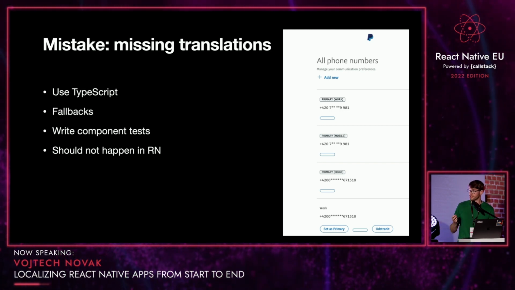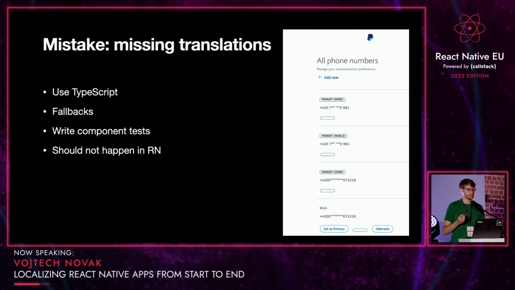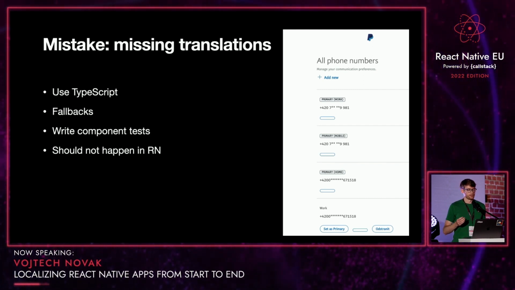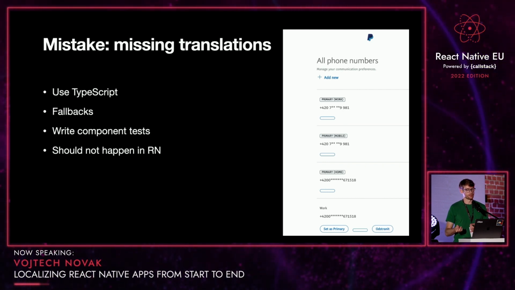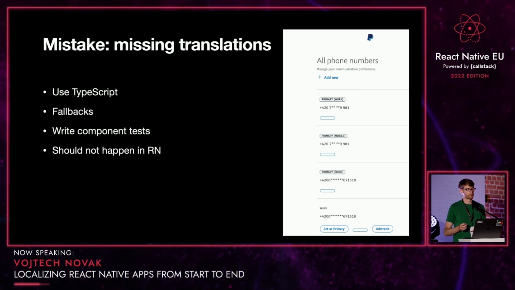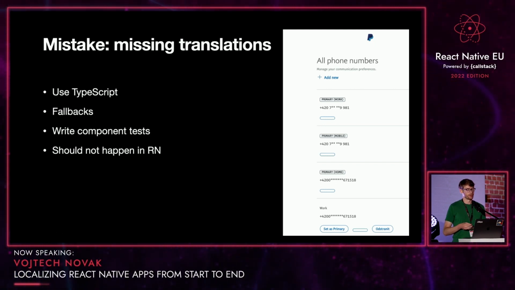And finally, completely missing translations probably will not happen in React Native. These are screenshots from the web, where the story is probably more complex. You can fetch translation strings at runtime and so on. Whereas in React Native, you will probably bundle all the translations together with your app at build time.